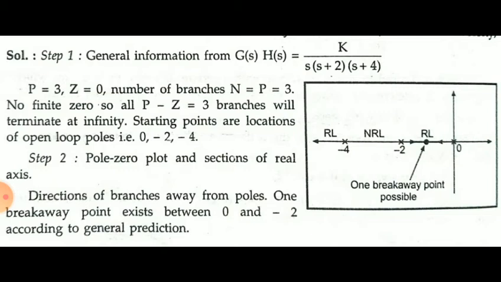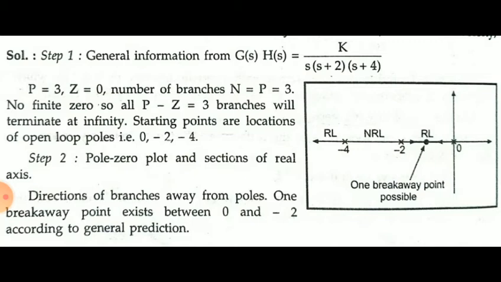For poles, equate the denominator equal to 0 and find the value of s. The number of poles will be 3, and when you equate the numerator equal to 0, you get the number of zeros. So in this case, P equals 3 and Z equals 0.